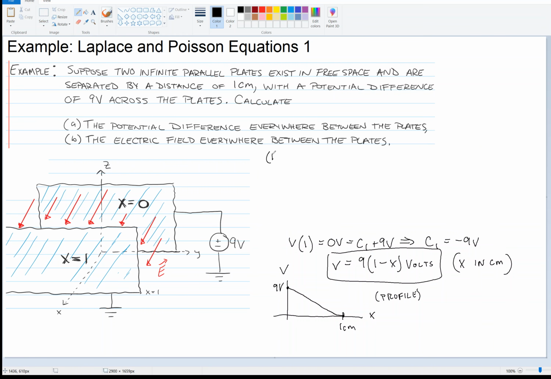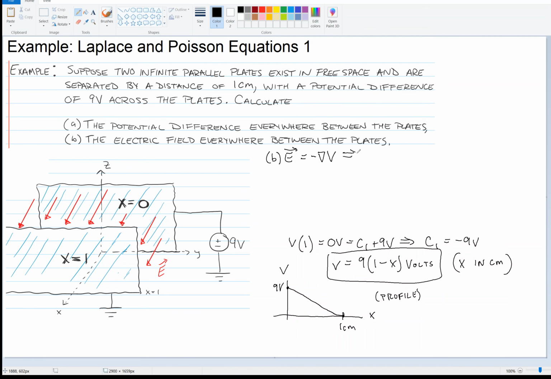Okay, so here's part B now. We want the electric field. So how are the electric field and the voltage related? Well, the electric field is the negative gradient of the voltage.